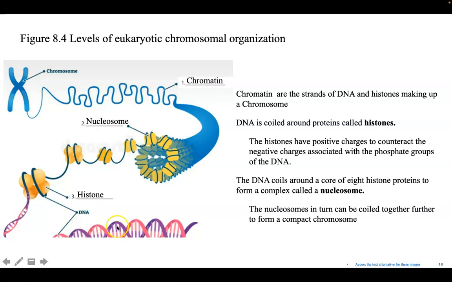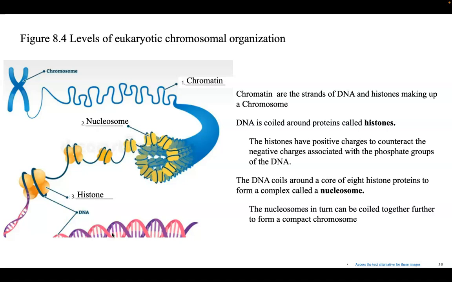Our histone proteins have the right affinity to bind to DNA, to bind to our nucleic acids, and bundle up together into a complex called a nucleosome. Our histone proteins have positive charges that counteract the negative charges associated with the phosphate groups of our DNA, and that's what makes that binding take place.